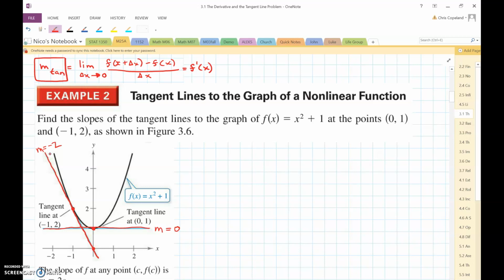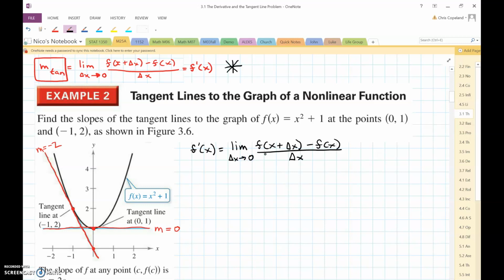We're going to figure this out by using the slope of the tangent line, which is also known as a derivative. I'm going to call this f prime of x. That means the derivative of the function, and we're going to use the limit of f of x plus delta x minus f of x all over delta x as delta x approaches 0.